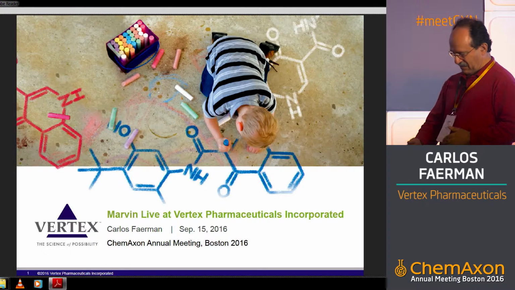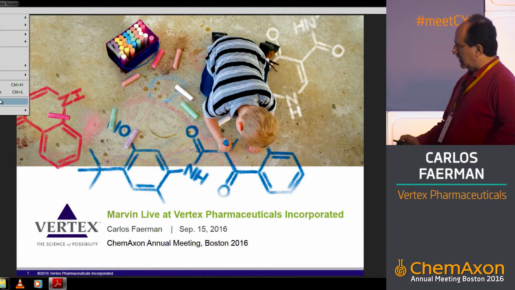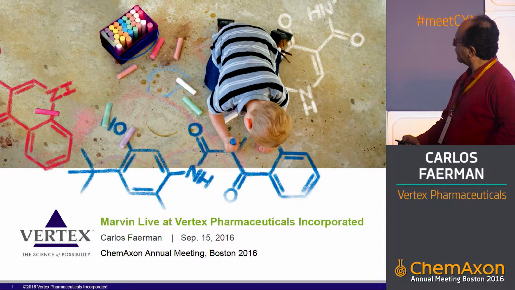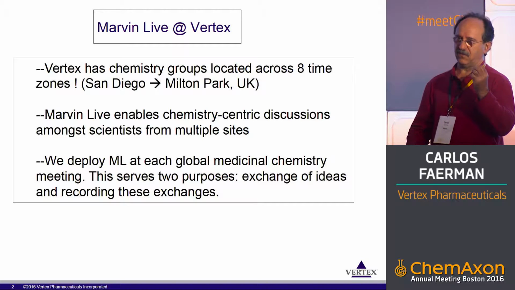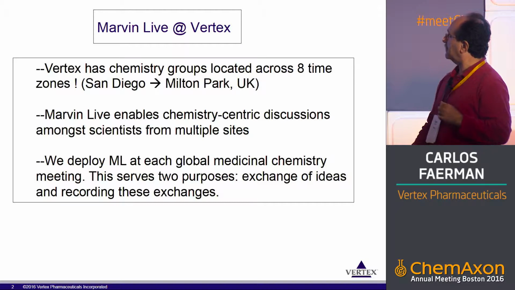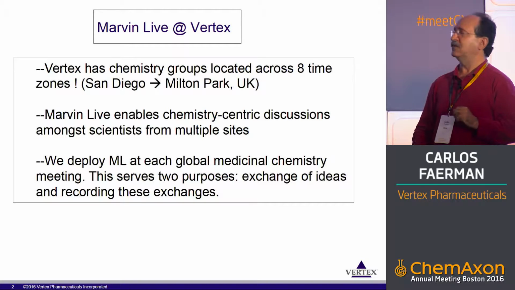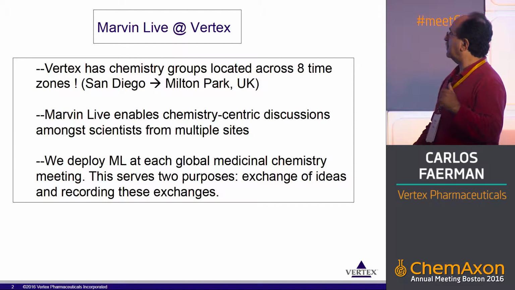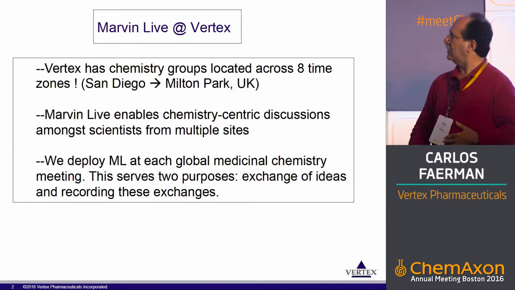So I work at Vertex Pharmaceuticals, which is not far from here. The key here is to understand what problem we are trying to address. Basically, at the moment, Vertex has 4 different sites: San Diego, Milton Park, Laval, and of course the headquarters in Boston.